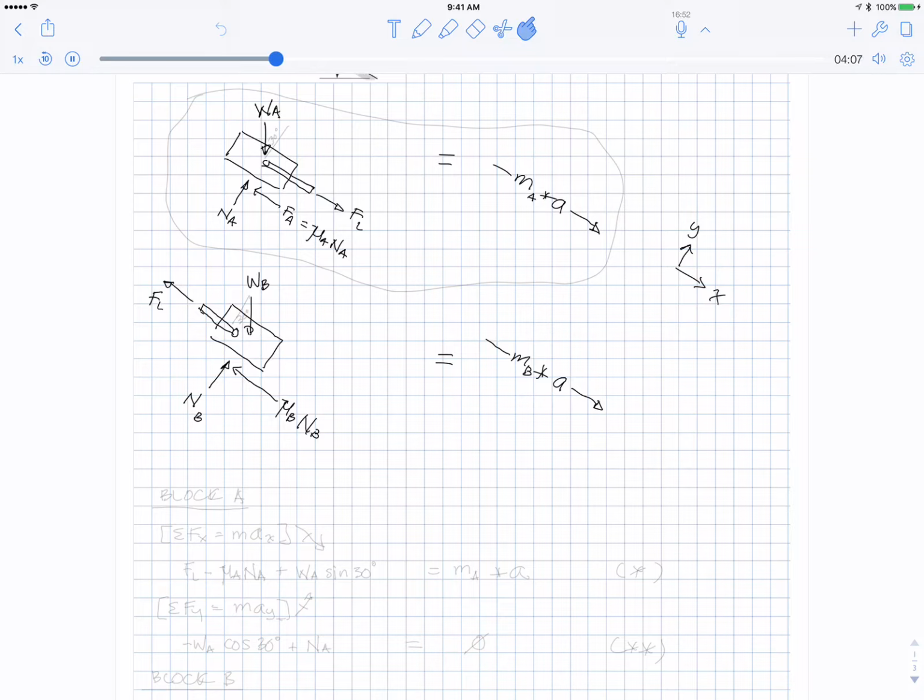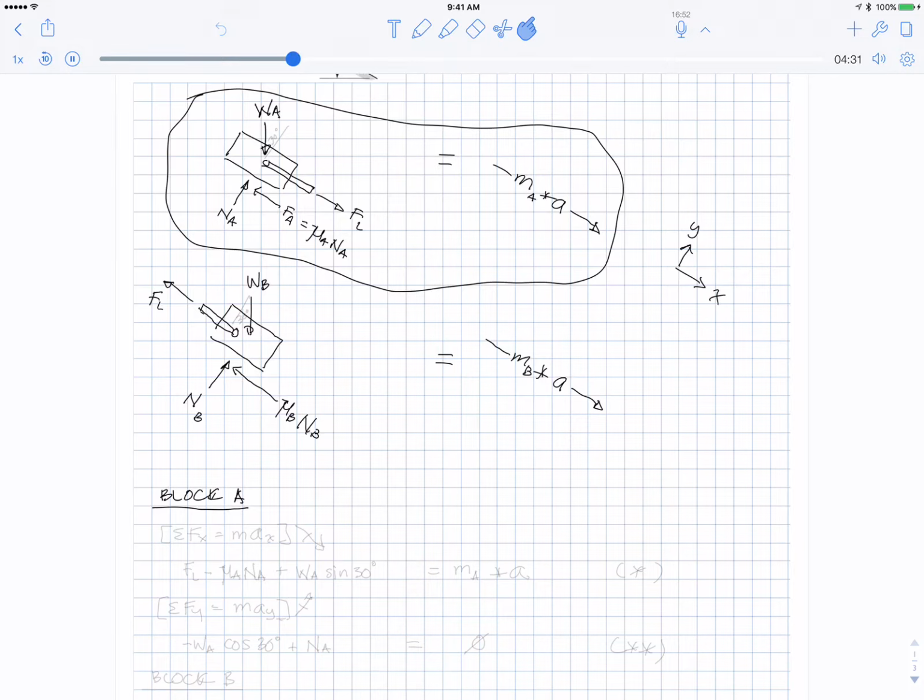Okay, so from block A, in the X direction, so take all the X components of these two pictures. So I'm going to do this one first. I take all the X components of those.